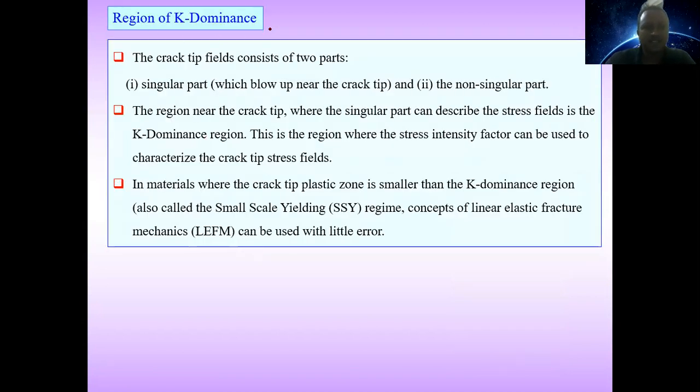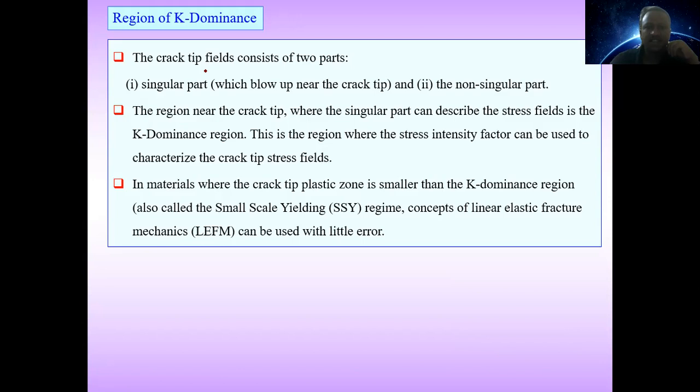Region of K dominance. The crack tip field consists of two parts. One is the singular part, which blows up near the crack tip, and the second is the non-singular part. The region near the crack tip, where the singular part can describe the stress field, is the K dominant region. This is the region where the stress intensity factor can be used to characterize the crack tip stress field.